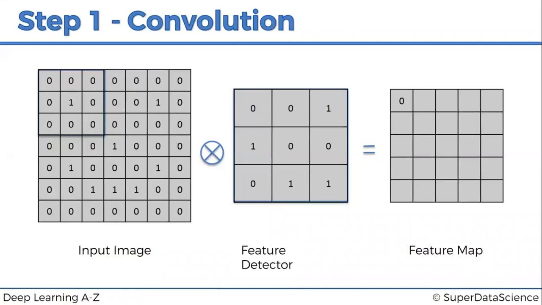So the top left value by the top left value, then position 1 1 by position 1 1, 0 1 by 0 1, 0 2 by 0 2, and so on. It's element-wise multiplication of these matrices, and then you add up the results. In this case, nothing matches up, so it's always either a 0 by 0 or 0 by a 1, so the result is 0. Here you can see that one of them matched up.